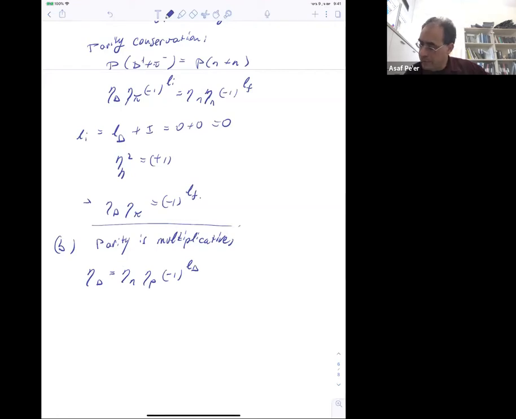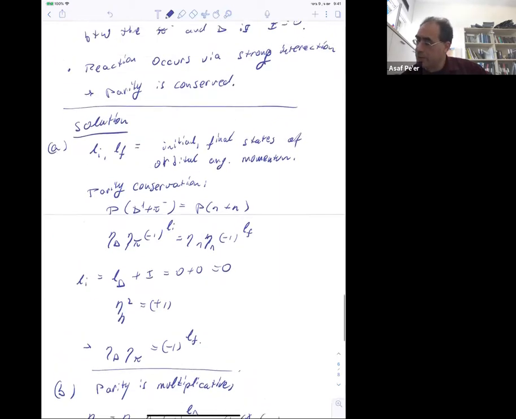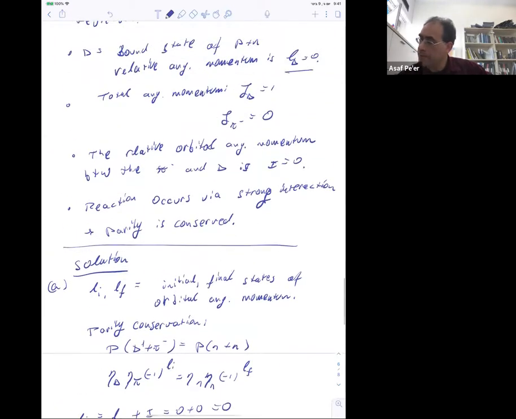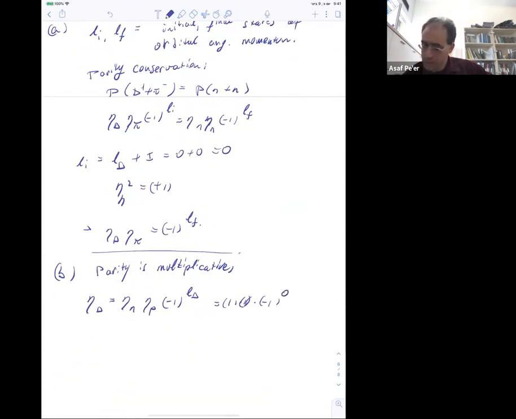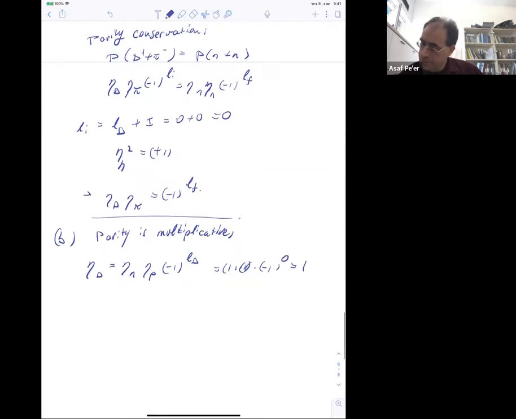Eta neutron and eta proton are both 1, or it will be the same anyway. So it's 1 times 1 times (-1) to the power LD, and LD, I actually wrote it down, is 0. So this is 1.